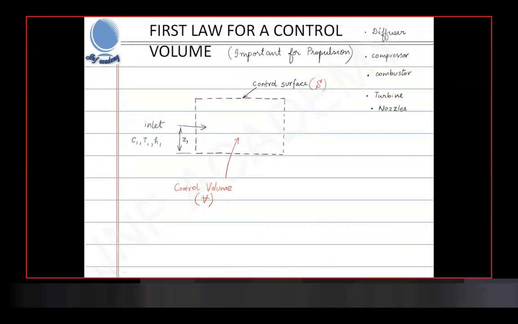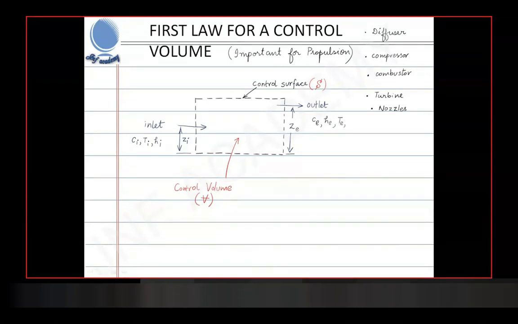So you can say all the properties with a subscript of 1, or maybe I will use i: Ti, Hi, Ci, and Zi. And there is an outlet from the control surface. So this is an outlet, and it is at a height of Z2 from the datum that we fixed. The properties at the outlet are Ce, Ze, He, and Te, whatever properties are there.